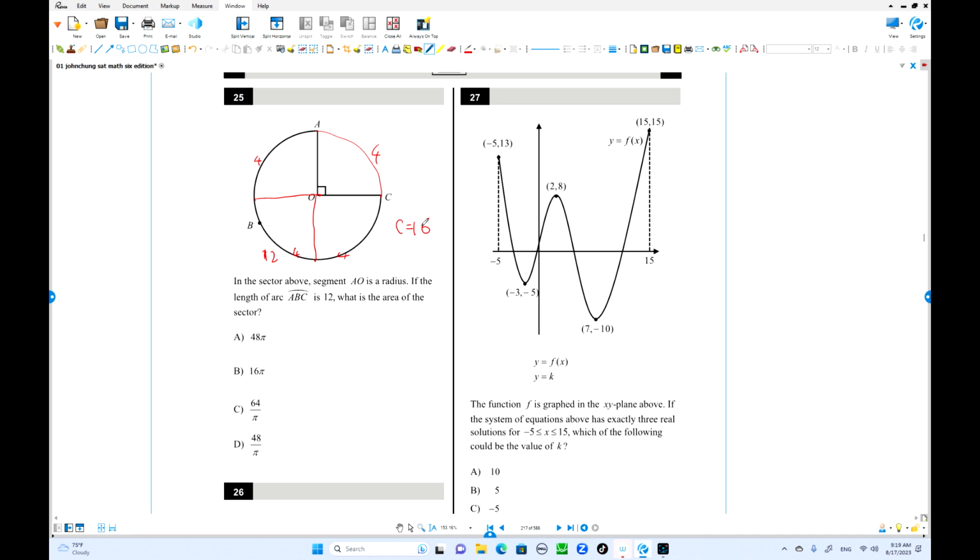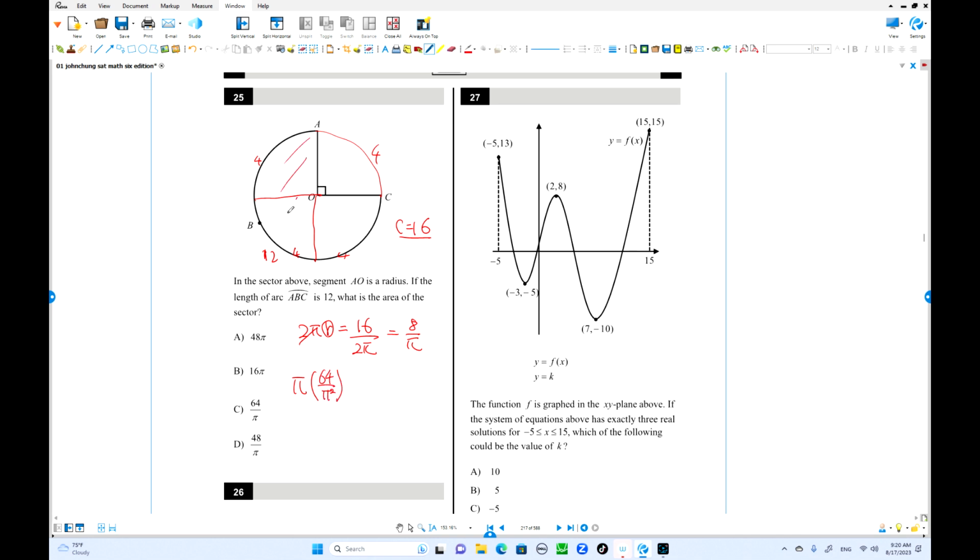Okay, what's the area? Pi r squared. Okay, using this circumference, we can find the radius. 2 pi r is 16. R equals what? Divide by 2 pi, that is 8 over pi. Now pi r squared. Pi times r is 8 over pi squared. Actually 64 over pi squared, okay? I'm going to write down 64 over pi squared.